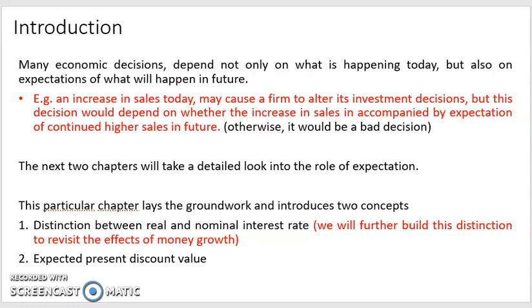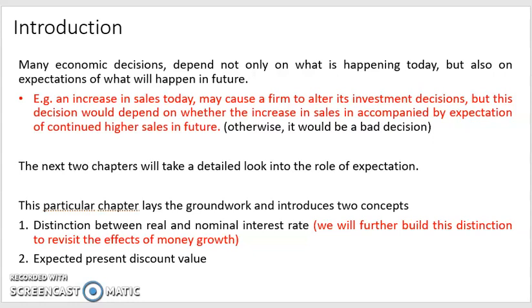Also, as a manager in a business who observes an increase in current sales, you must ask, is this a temporary boom that I should try to meet with existing production capacity? Or is it likely to last, in which case you should probably order new machinery? You need to consider such questions because, in the last example, the new machines may not be in operation before sales have returned to normal.